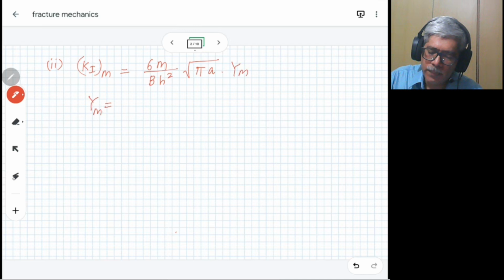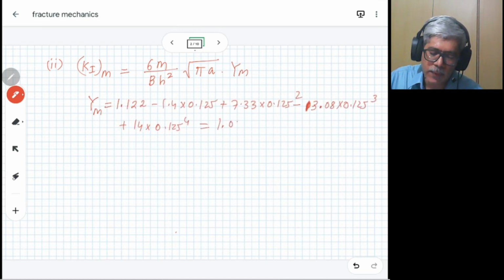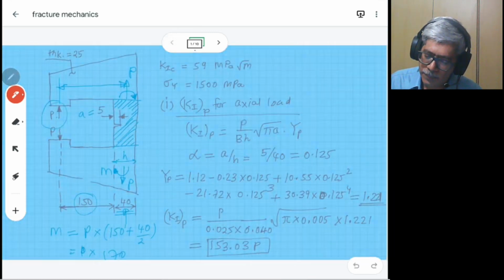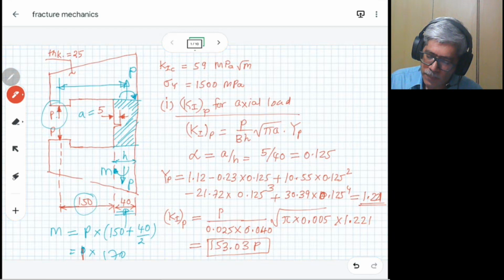So YM, using the formula, similarly gives us the value 1.0394. So we can determine the stress intensity factor under the bending moment as 6 times the moment. The moment we calculated as 170 times P in the previous slide, so P into 170, and this unit is Newton millimeter.